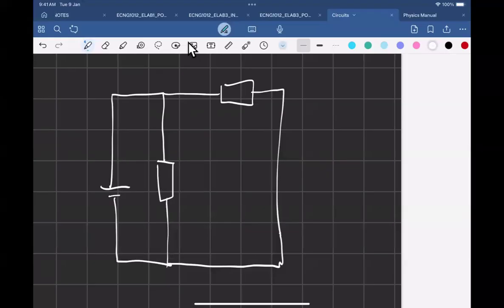I want you to draw the flow of current in this circuit and tell me if it's a series circuit or a parallel circuit. Remind me, current flows from what to what? Current flows from positive to negative. Is that electron flow or conventional current flow? Conventional current flow. Nice.